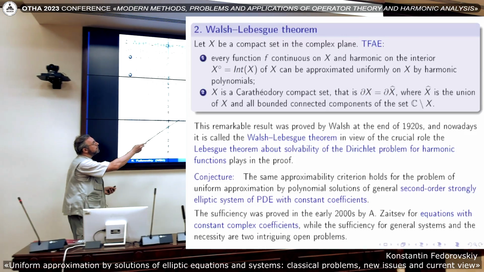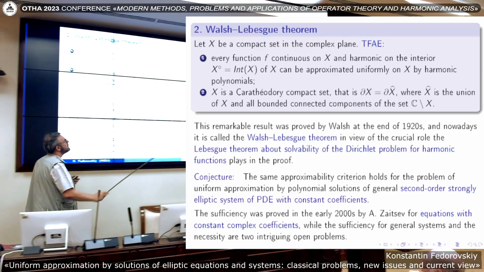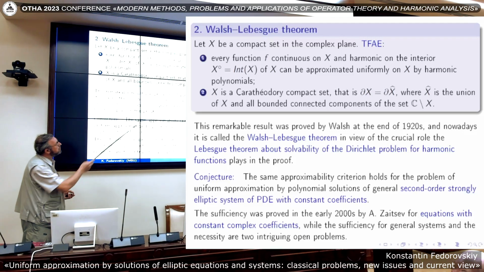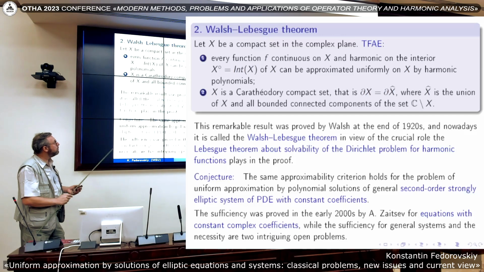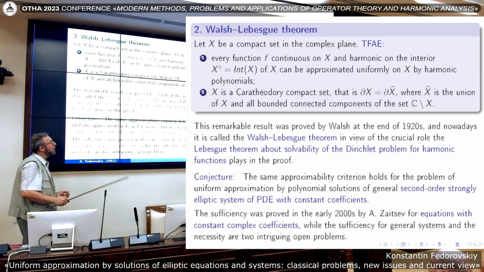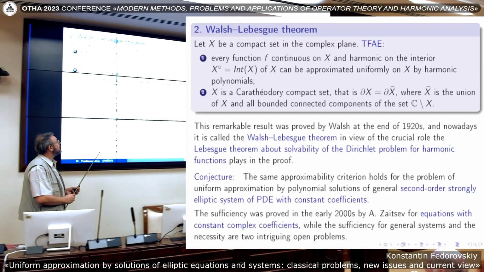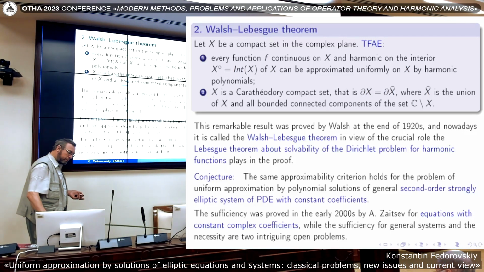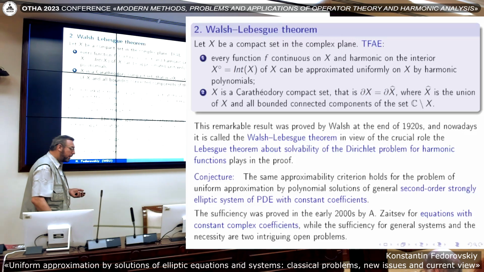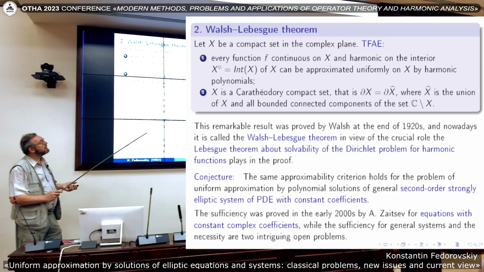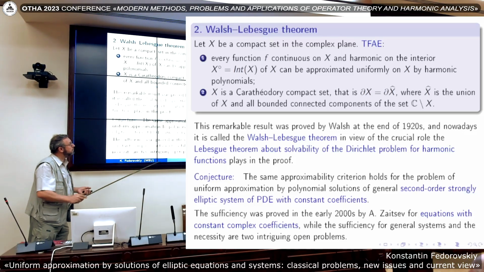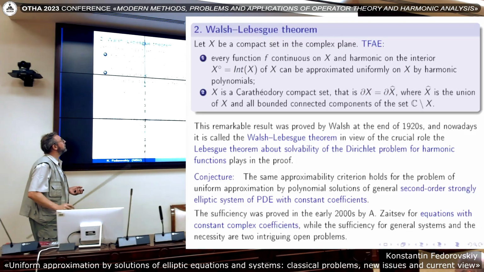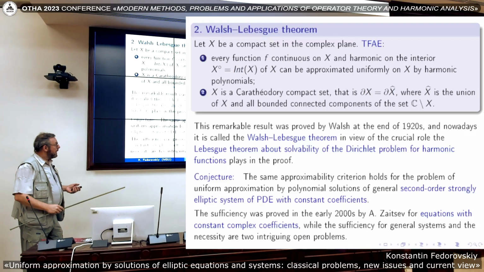Some people know this notion by different names, but it's nothing more than the union of our compact set X and all bounded connected components of its complement. The term Carathéodory compact set, of course, comes into mathematics approximately 50 years later than the theorem was proved, but okay, the important thing is this property of X.